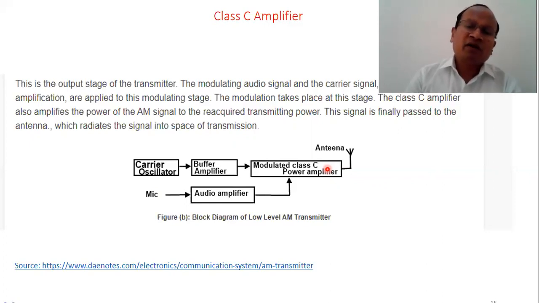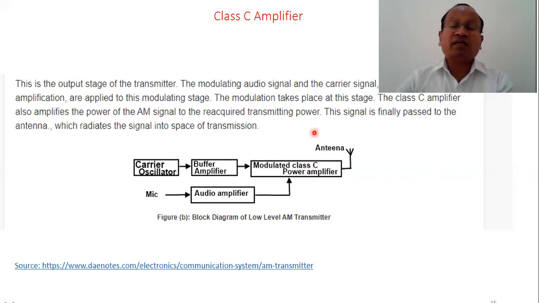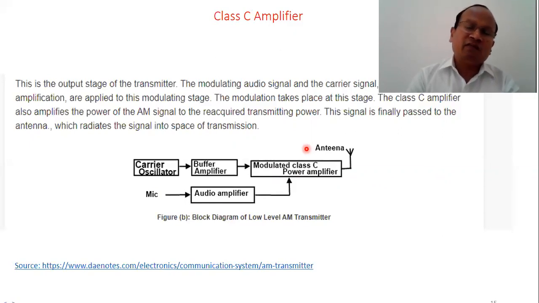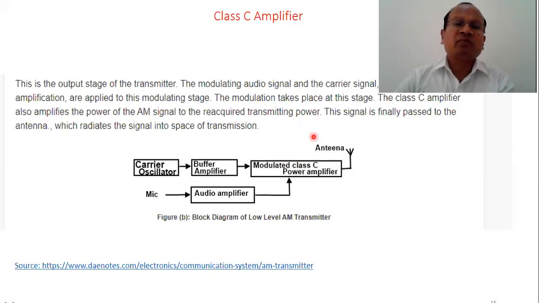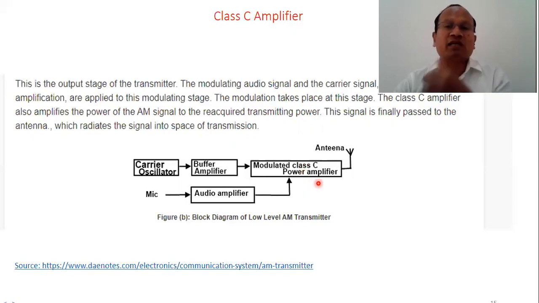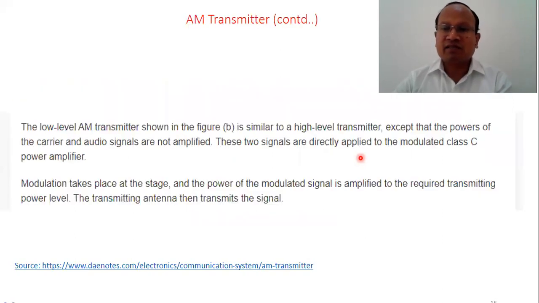Rather, accuracy is not a proper term; efficiency is the better performance measure for a power amplifier. So it's a highly efficient amplifier, which is used to raise the power level, and the powerful AM signal is fed to the antenna and then transmitted.